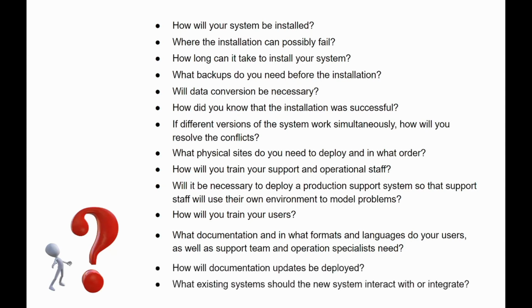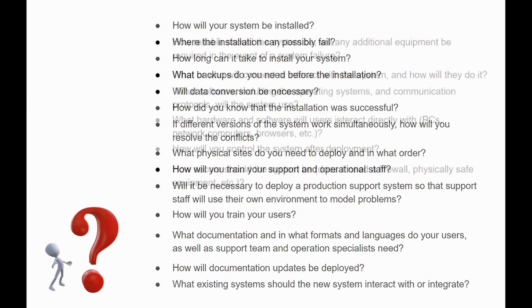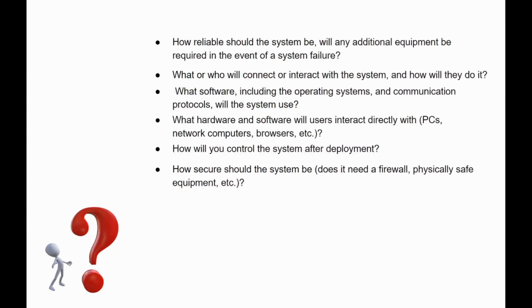What existing systems should the new system interact with or integrate? How reliable should the system be? Will any additional equipment be required in the event of a system failure? What or who will connect or interact with the system and how will they do it? What software, including the operating systems and communication protocols, will the system use?